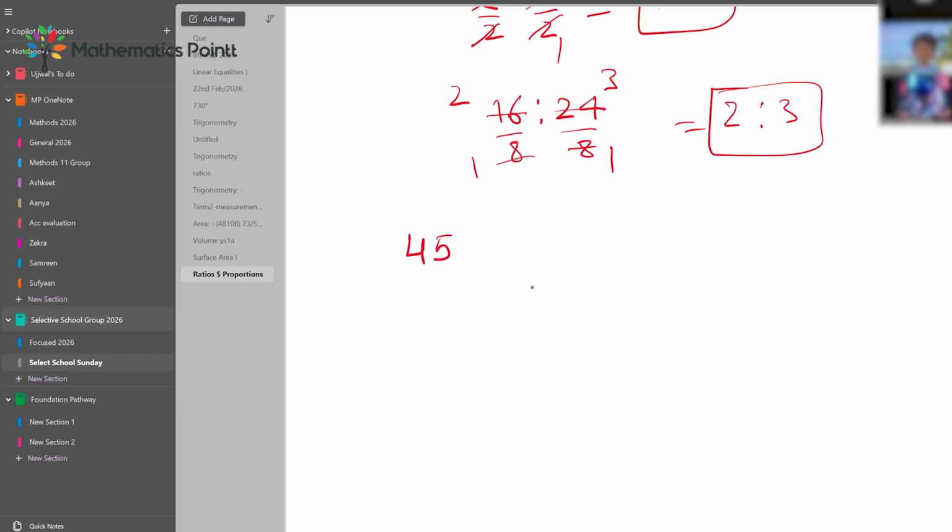45 centimeter ratio 1.5 meter. Can you simplify that?